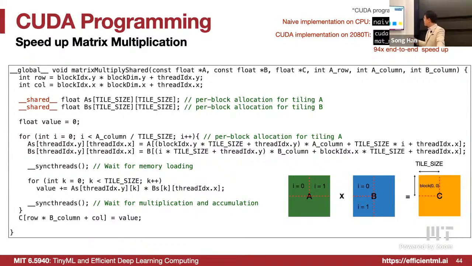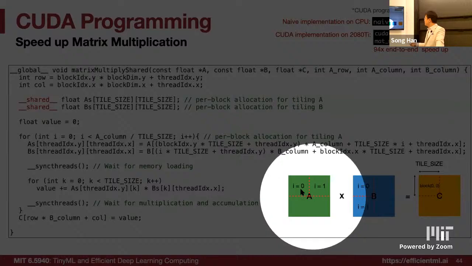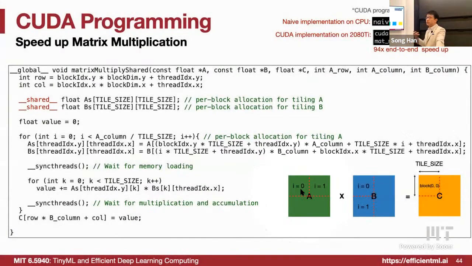Now let's see what it's doing. Each block is working on a portion of the matrix. We tile the matrices so that each thread is only responsible for part of it.